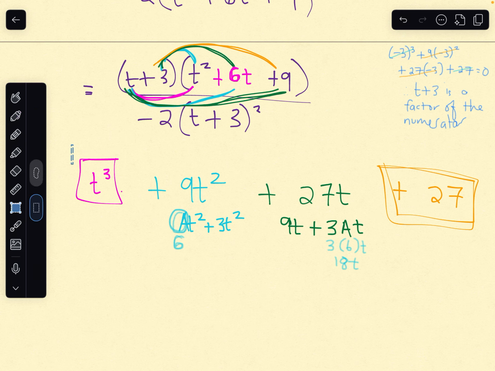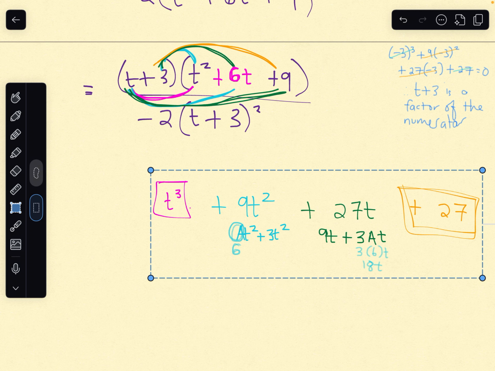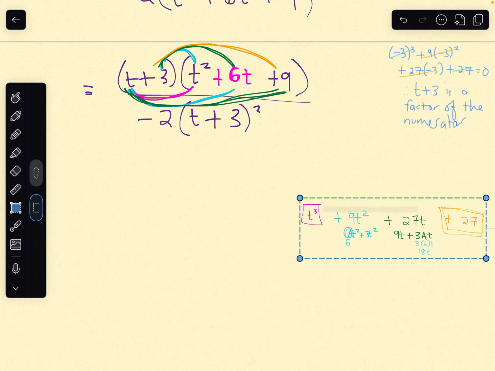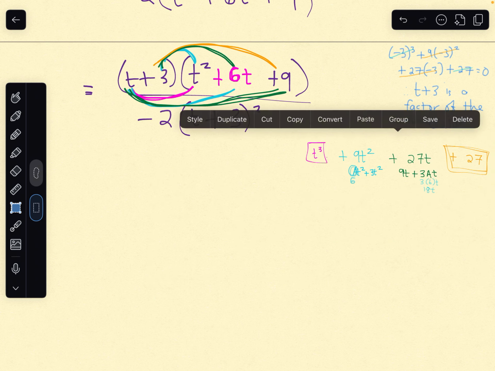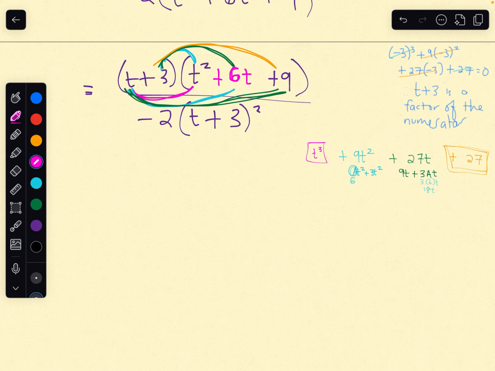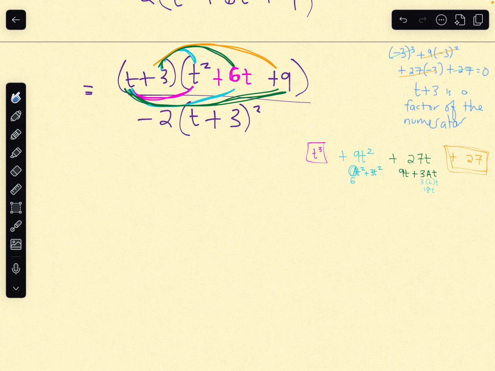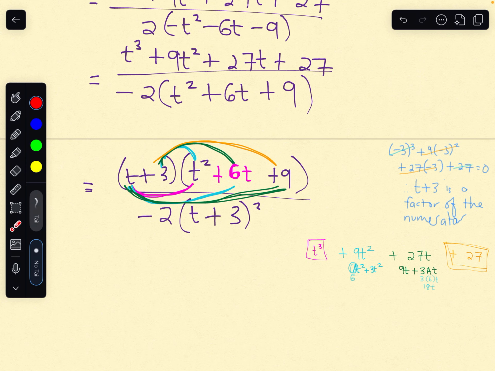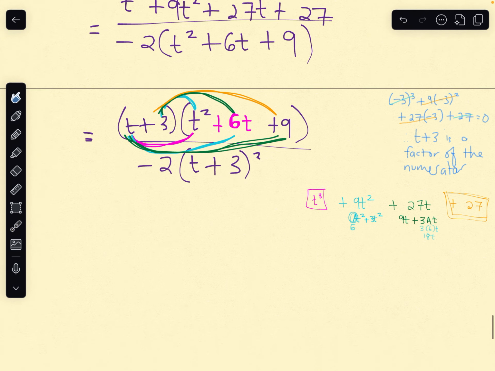Okay, right. So we now have that. We have factorized the cubic. And in fact, we can factorize this further because actually this is the same as this. So we don't even need to factorize the bottom.